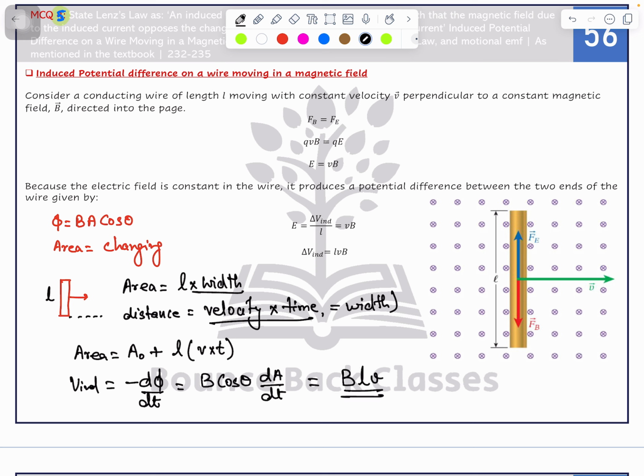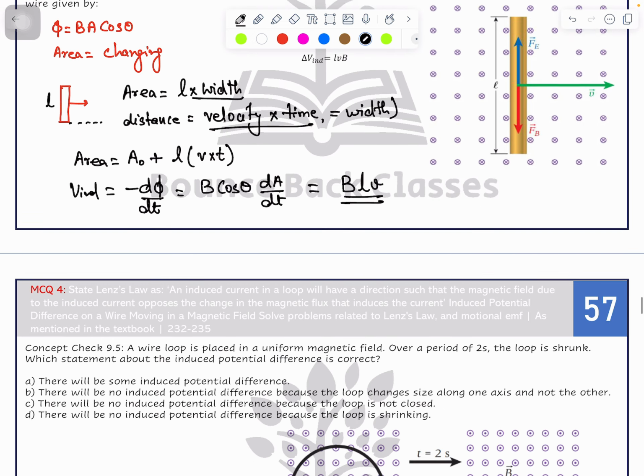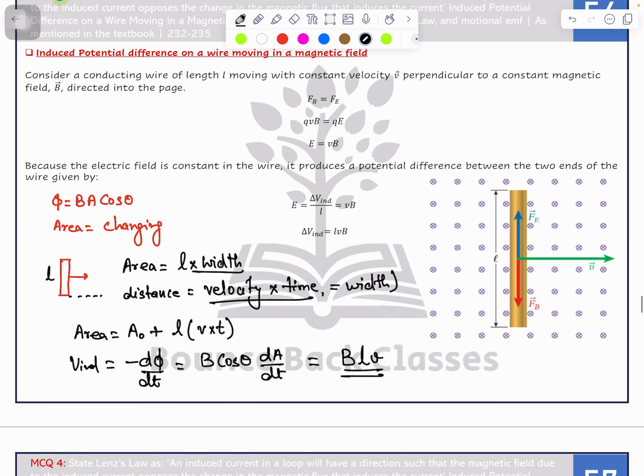You will get BLV. So what are the things you need to remember? What are the major things? As we know, V induced is negative d phi over dt, and in case of wires, we can say BLV. We can directly use this formula also. Okay, guys, there is no need to go into the detail of all these things.